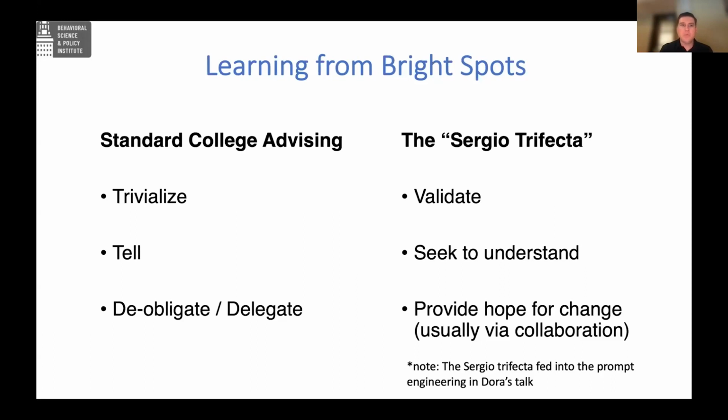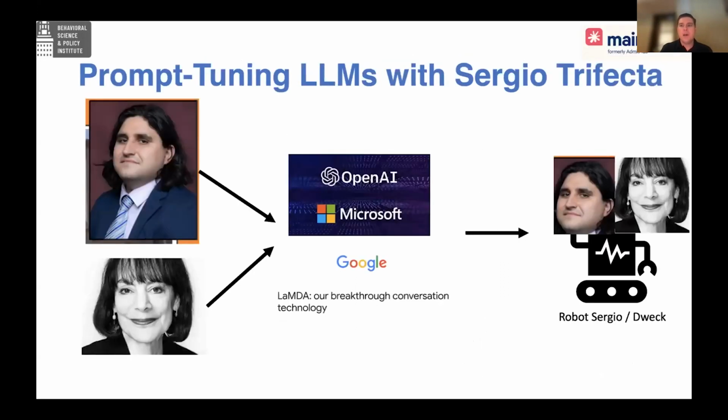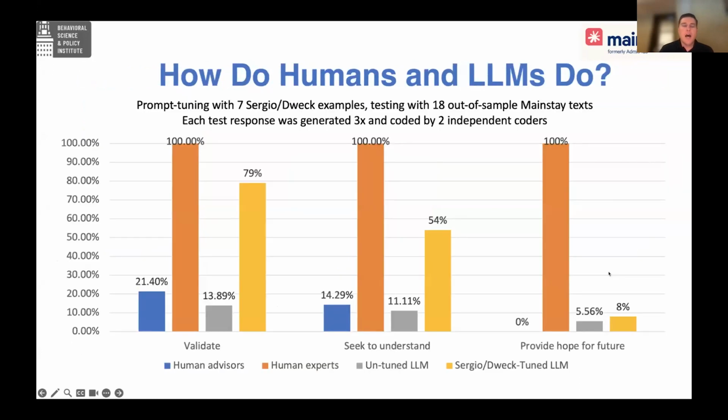So what we did is we generated a Sergio robot, and we also had Carol Dweck, who's my collaborator and advisor, and I helped do this as well. We wrote 8 Sergio-Dweck-Yeager responses, and then we prompt-tuned LLMs, both LaMDA and GPT, to create a hybrid Sergio-Dweck bot. How did they do?